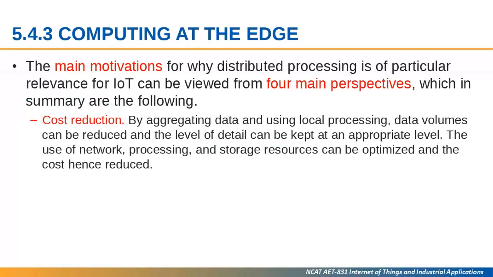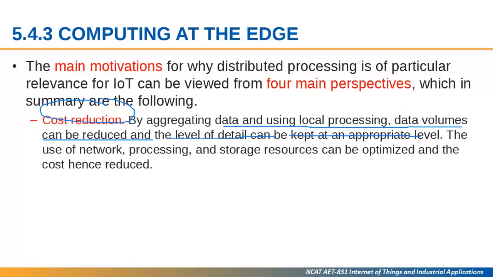Also, another motivation is cost reduction. By aggregating data using local processing, data volumes can be reduced and the level of data can be kept at an appropriate level. For example, if you are measuring the temperature of a room, or maybe of a region, you don't need to do very frequent measurement. You just need to measure the temperature maybe every 1 minute, or maybe every hour.